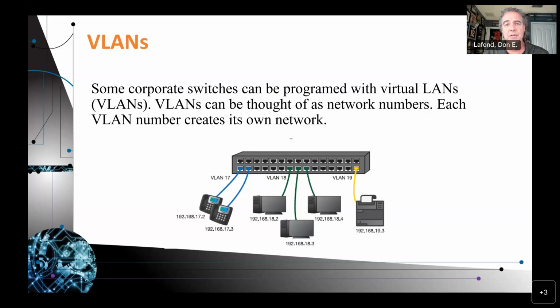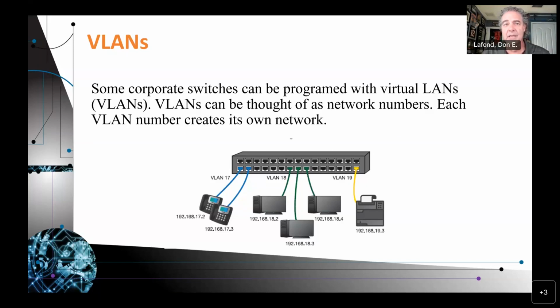In this case, they're showing you they're assigning 17, 18, and 19 for the VLANs in different networks, but you can do it using a switch instead of using a router.